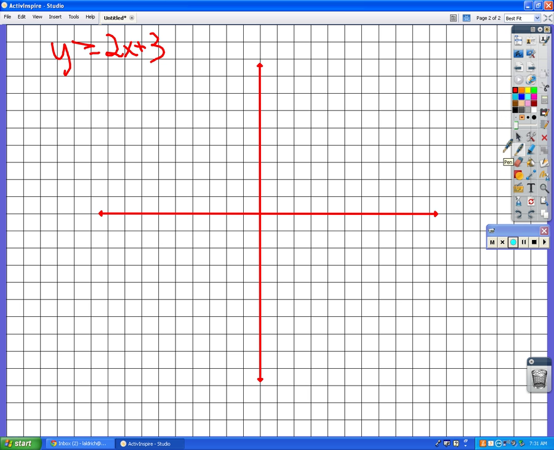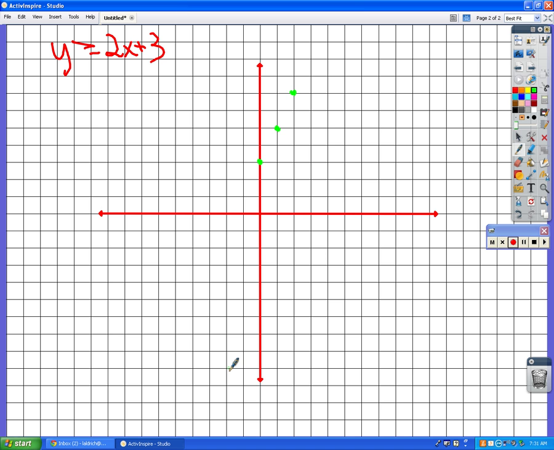Y-intercept is 3, okay? Because it's 2x plus 3, the y-intercept is 3. And so that means I'm going to start by putting a little dot at 3 on the y-axis. And then the slope is 2. So from that point, I'm going to go up 2, over 1, up 2, over 1.